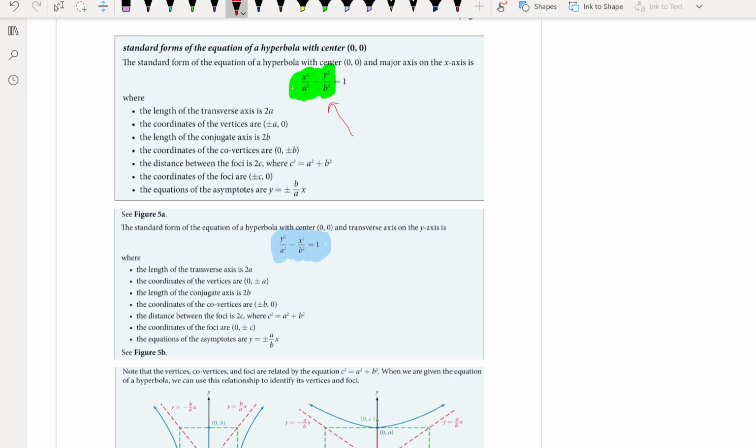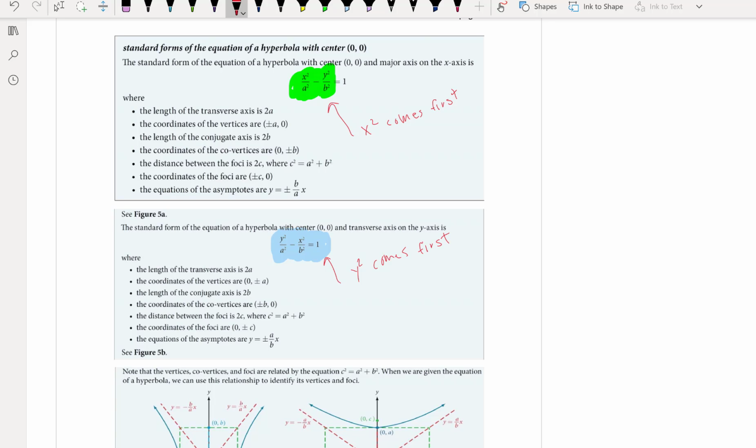The difference between the two equations is that in the first one, the x squared comes first, versus in the second equation, the y squared comes first.